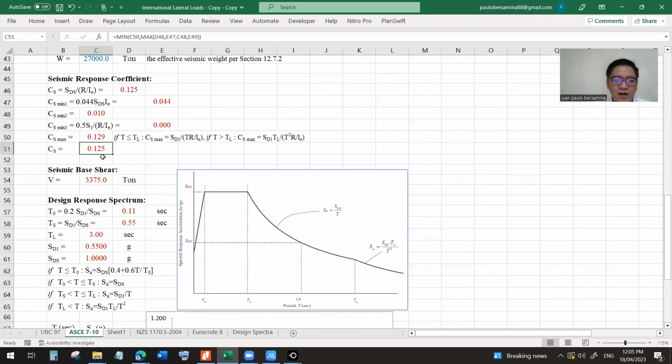Then next is, punta ngayon tayo sa base shear. Sabi nga natin how 0.125 was derived. Di ba yung seismic C sub S niya? Yung 0.125.